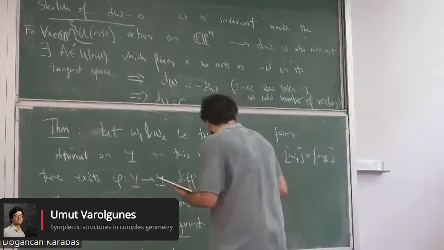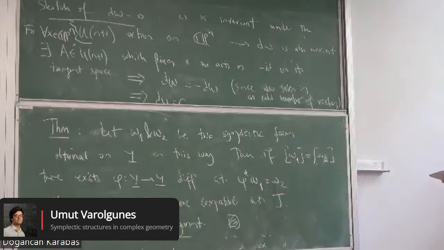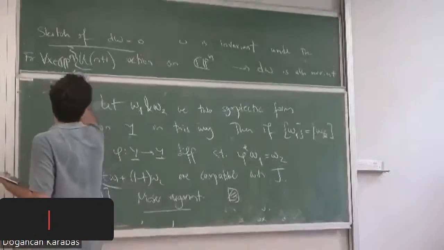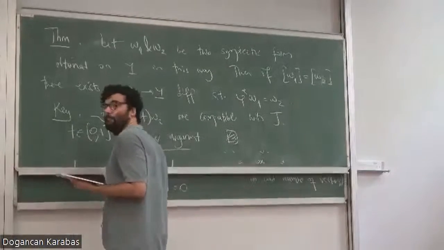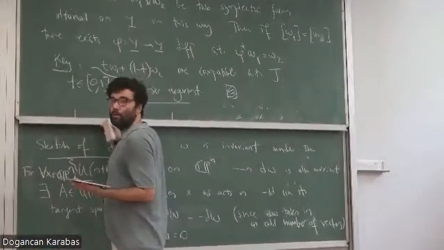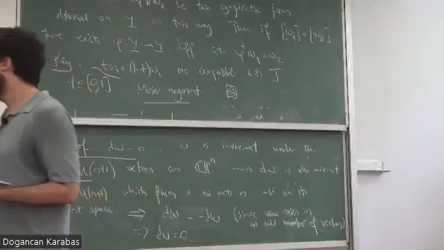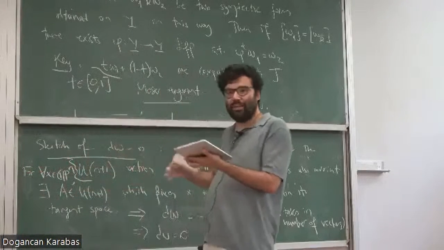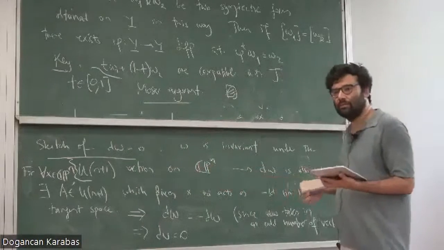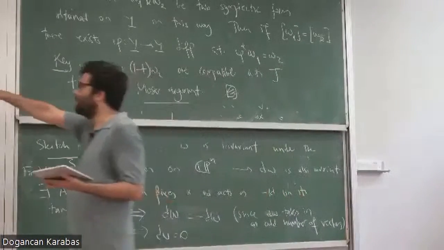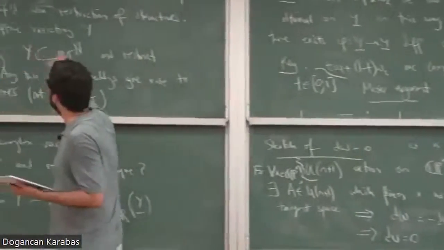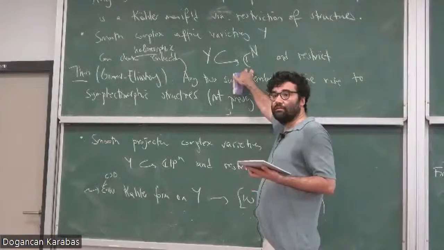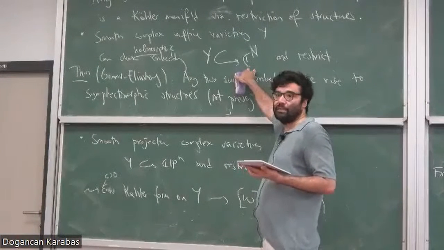I'm not going to actually get to Looijenga pairs, but it's okay. This argument will not fail there; a modification of that argument works. It's essentially the same argument. All of these smooth complex affine varieties carry a restriction of the symplectic form from the ambient space, which is an exact symplectic form.